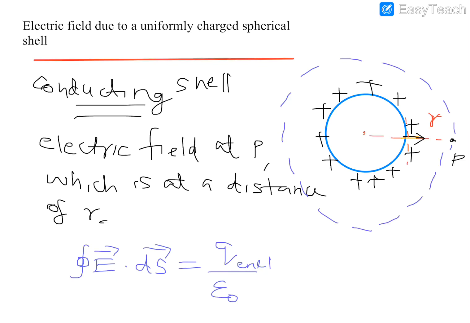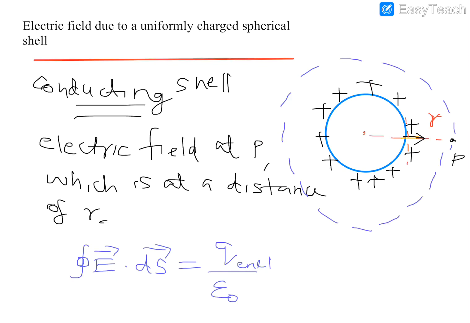Now if you consider, in the case of a uniformly charged sphere, the electric field will be radial. Radial means it is moving radially outward. So you can see that the electric field is in the same direction as the area vector. At every point the electric field will be radially outward like this.